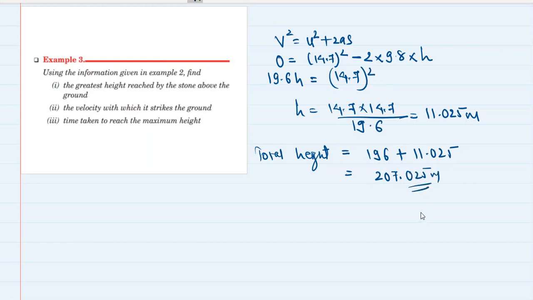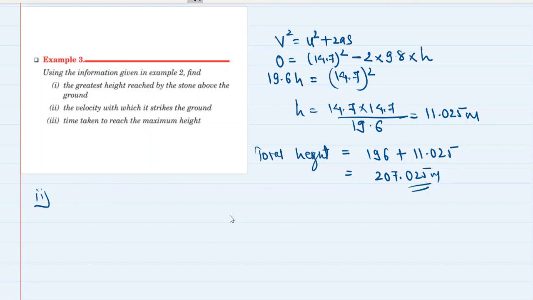This is the total height reached by the stone. The second question is the velocity with which it strikes the ground. Great. Now let's assume that the body is free falling from this height, right? Because this is the height from which it is falling down.